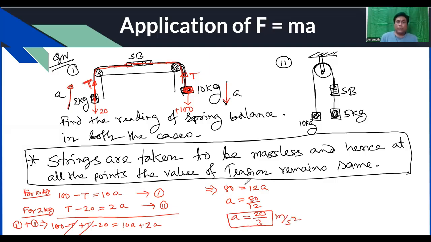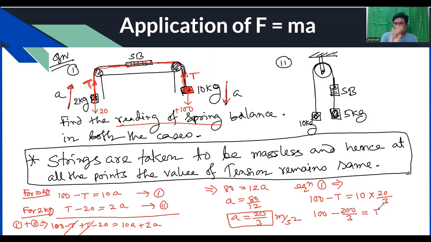But we are asked to calculate the reading of the spring balance, which means we need to calculate the tension only. So put the value of acceleration in any one equation. I am taking equation 1: 100 minus tension equals mass into acceleration. The acceleration value is 20 by 3, so 10 times that is 200 by 3.